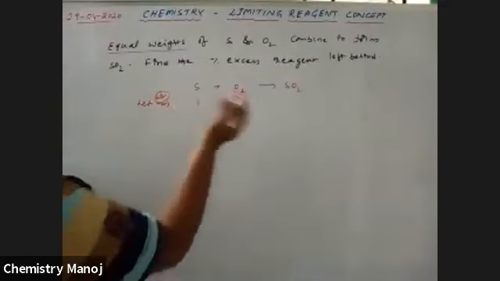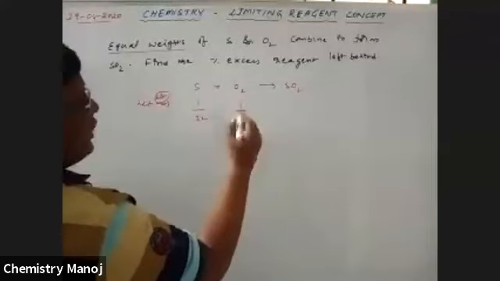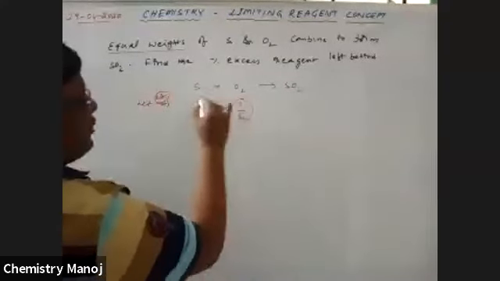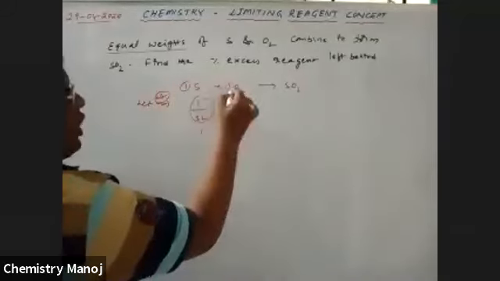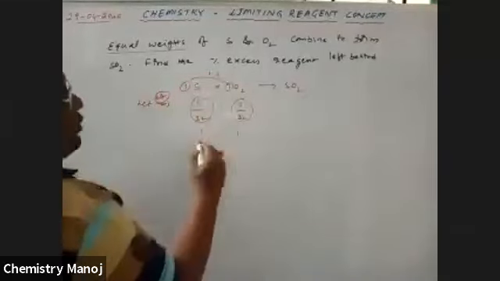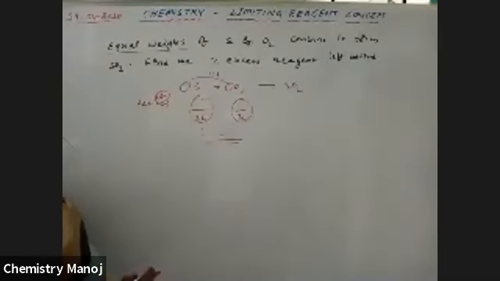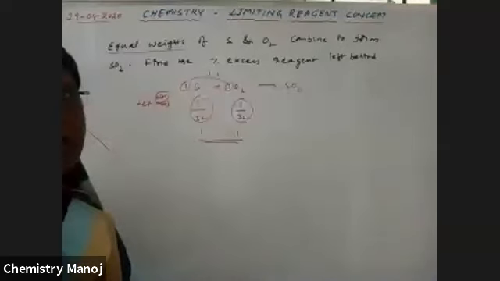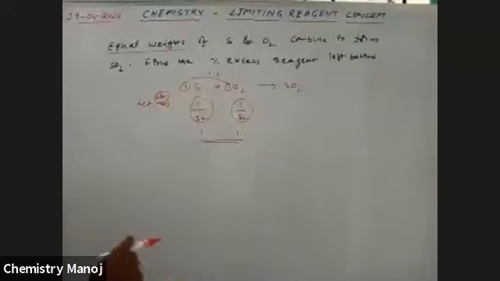That will convert into moles: weight by atomic weight 32, weight by molecular weight 32. That is, 1:1 is added. Our stoichiometry is also 1:1. That means no one is available in excess amounts.